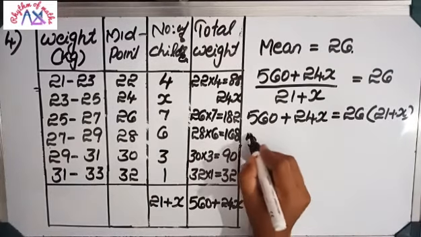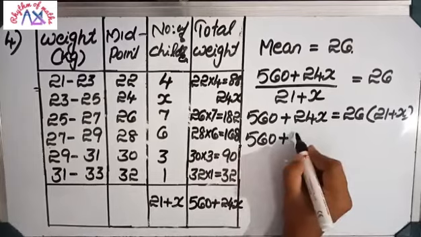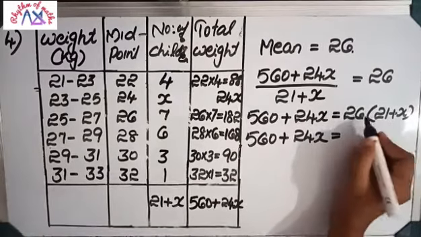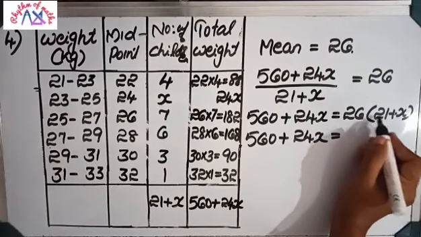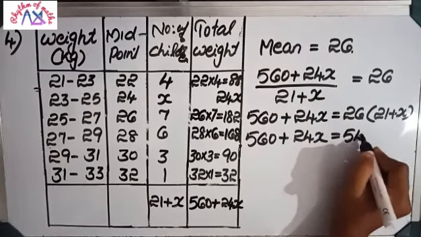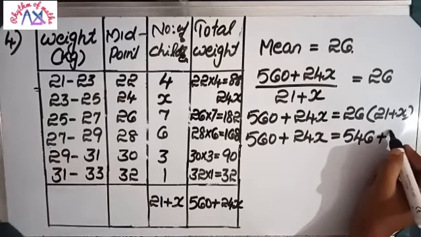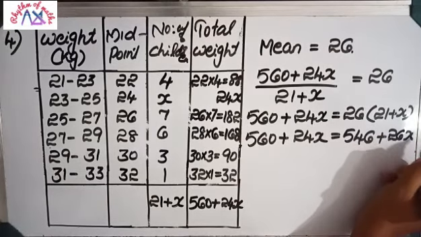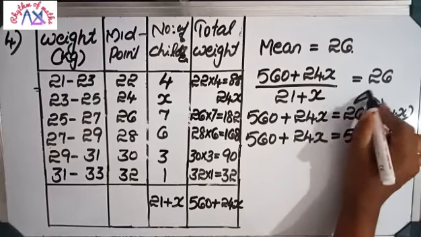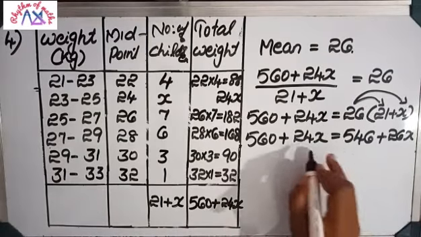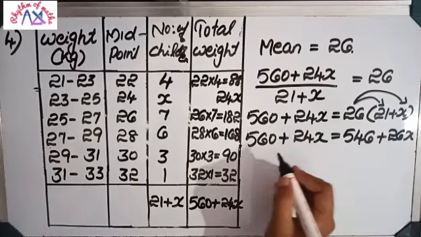Now in the next step, write 560 plus 24x equal to, open the bracket, 26 into 21, answer is 546, plus 26 into x, that is 26x. You know how to open the bracket, like this, multiply. Now in the next step, keep all the x in one side and all the numbers in one side.